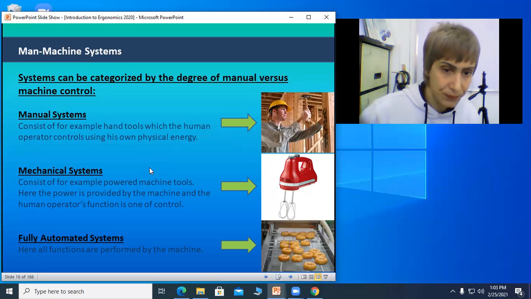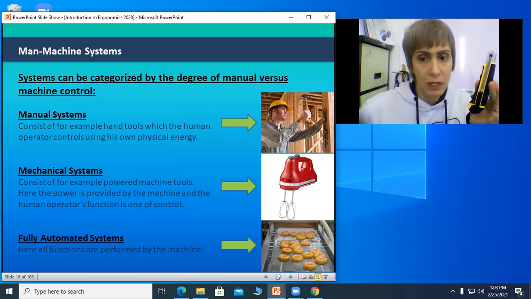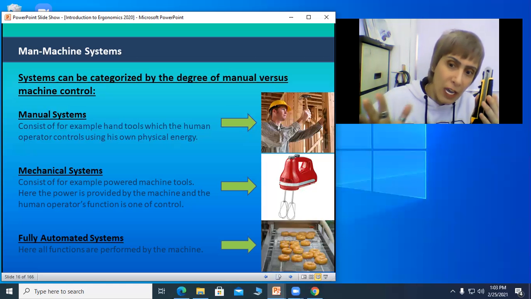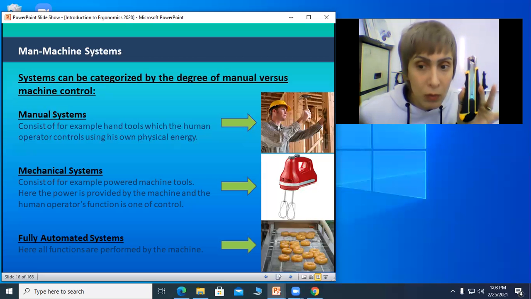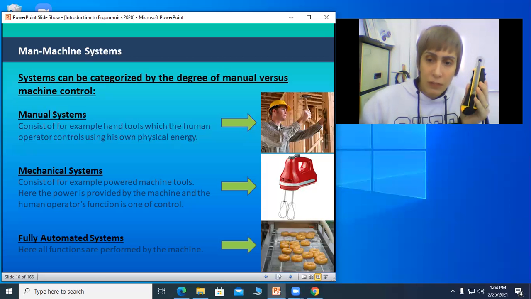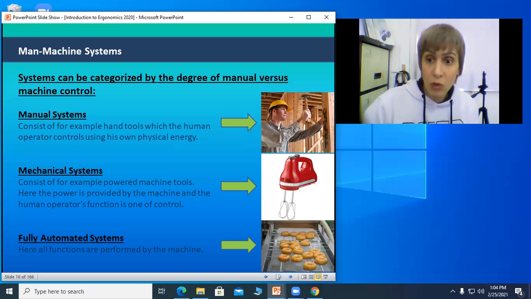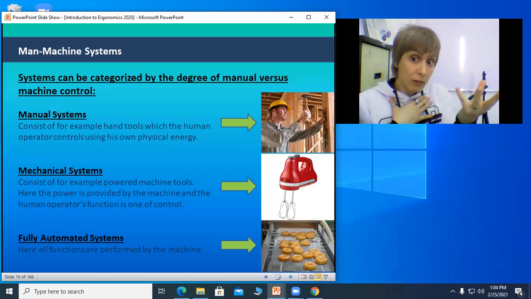So these are the three categories. When you have a product in front of you, you have to decide what kind of system this is, because this will immediately set what basic things you need to think about and what requirements it has. Is this a manual or a mechanical system? This is the first thing you have to think about. Then you have the interaction between the human and this product.